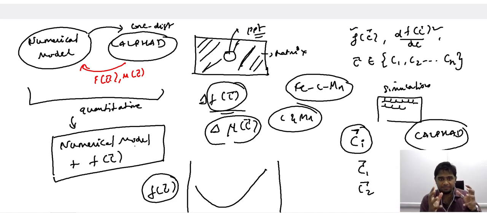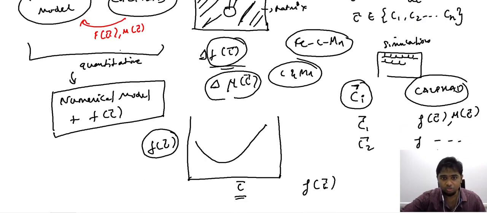Now what we have seen is, in order to make our numerical approach quantitative, there are two ways for us to proceed. We can consider the information that we need as individual data points, then use this information exchange approach, that is, run two packages parallelly, the numerical model and also the Calphad model, have the exchange of information, and then make the model quantitative. That is one approach.